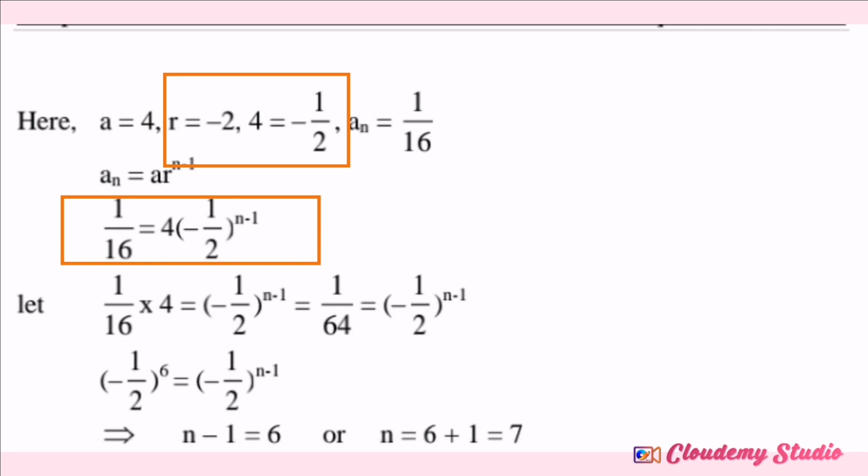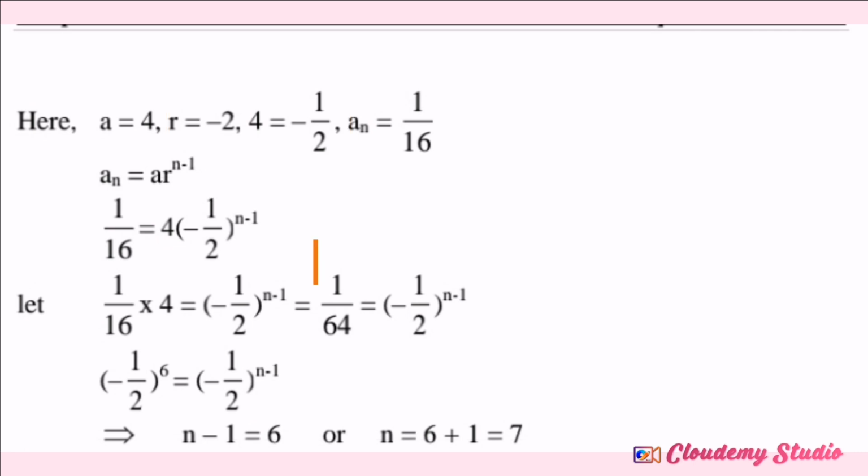If we simplify this term, we get 1 over 64 is equal to minus 1 over 2 whole power n minus 1. So minus 1 over 2 whole power 6 is equal to 1 over 64.